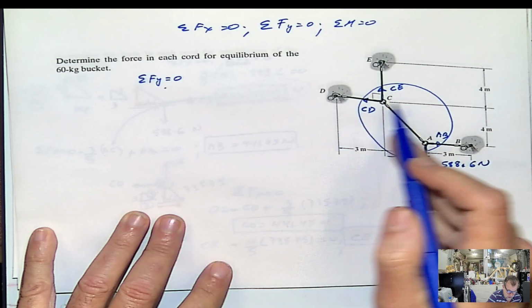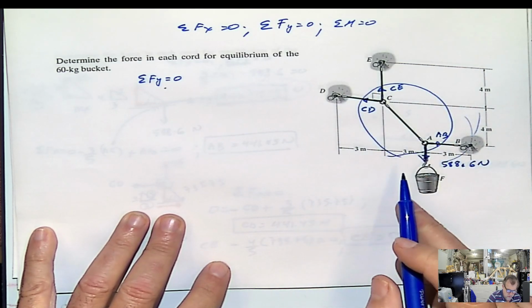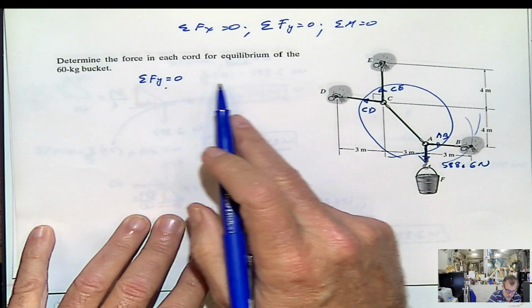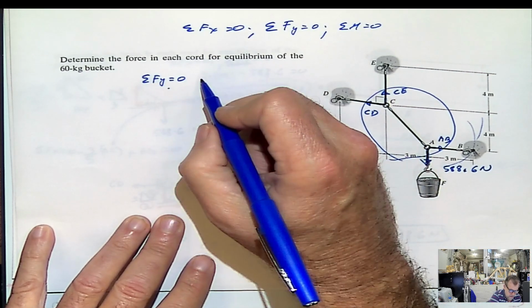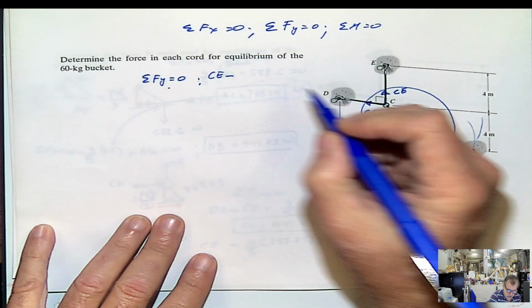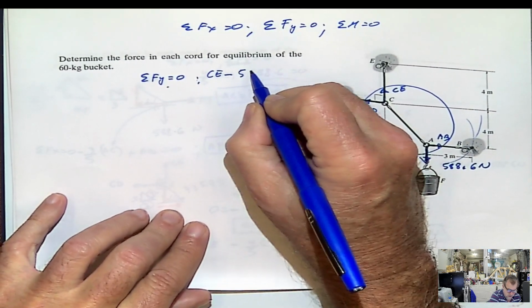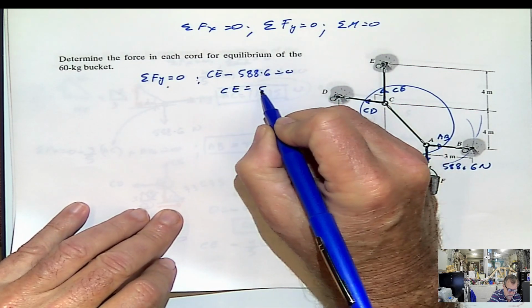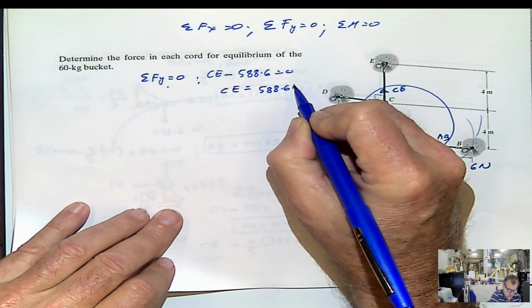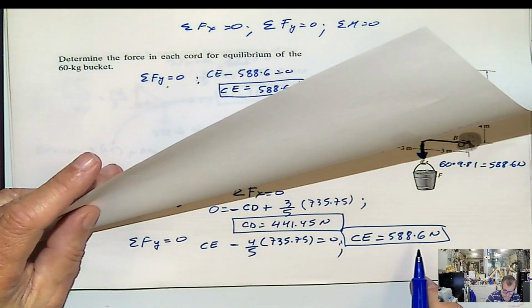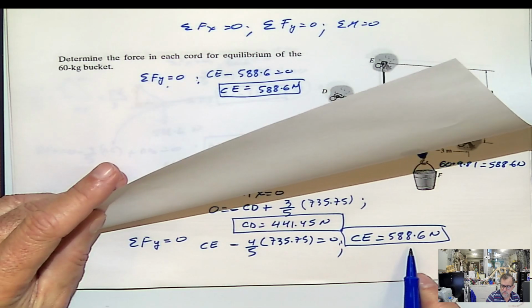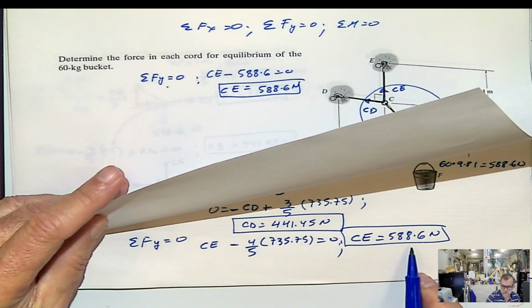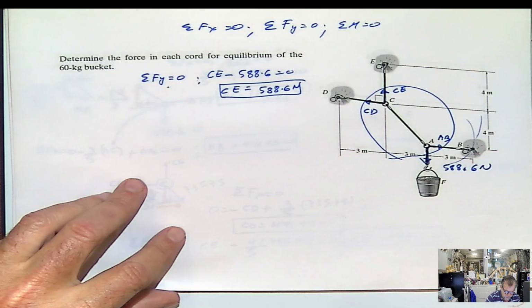So if I select here in this free body diagram, summation of forces in Y equals 0, I can get that CE minus 588.6 equals 0. So CE will be 588.6 newtons, which is, surprise, the value that we got by doing summation of forces and doing particle equilibrium.